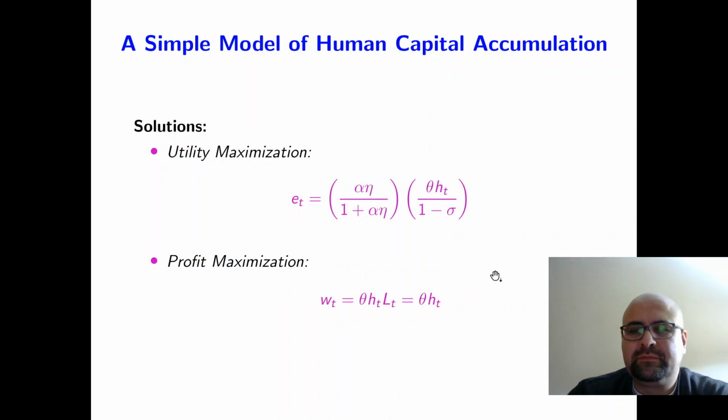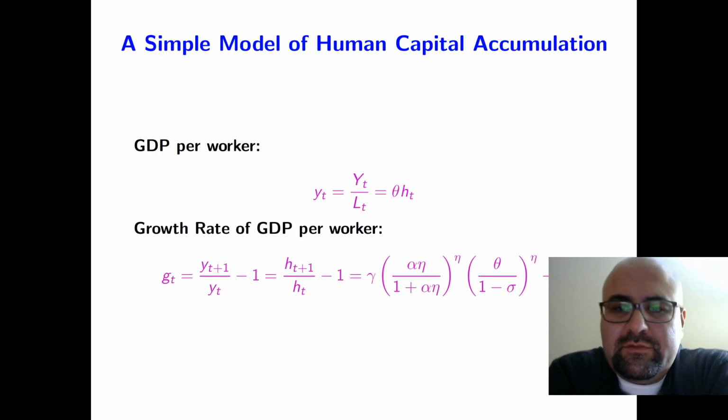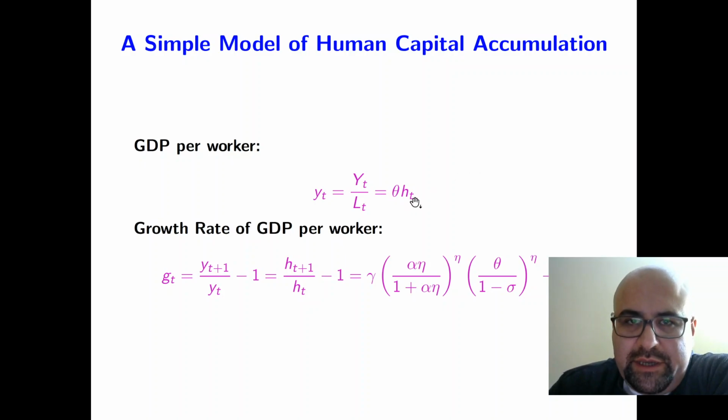All right? Okay. Now, since this is a growth model, and since we want to understand the growth rate in the long run, we must first write GDP per worker. All right? And it's very simply written there. Since, again, the production function is linear, wage is equal to the per capita GDP, and it is equal to theta times H_t. All right. Now, if you want to write the growth rate in this economy, the growth rate is proportional.